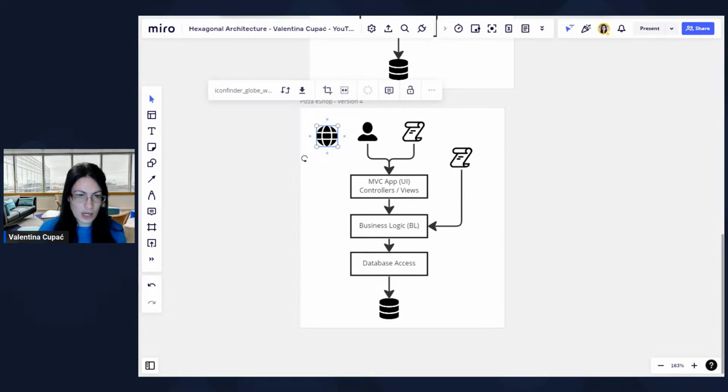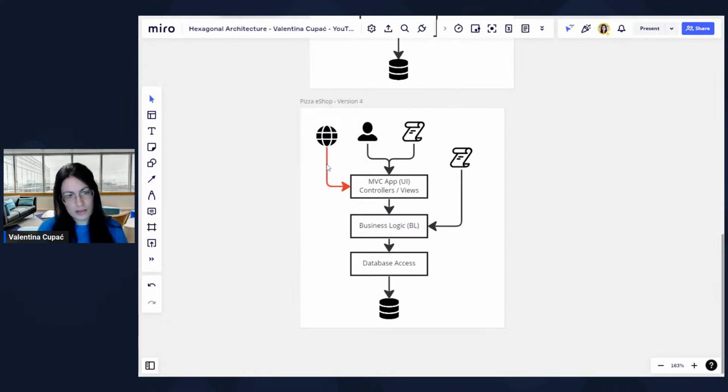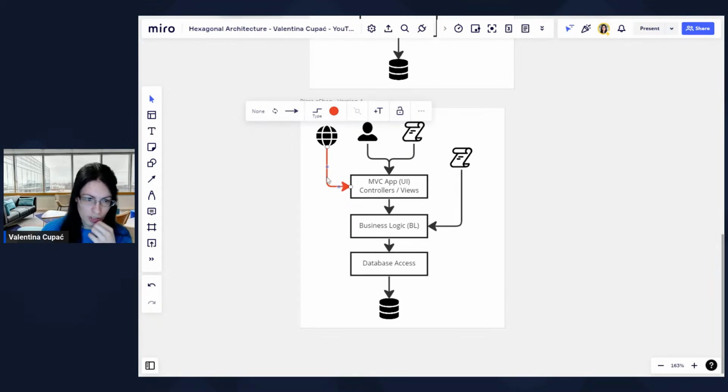The question is, how will they integrate with us? Can they call our UI? Well, they say they don't want to do that. They don't want their employees clicking on our UI. Instead, they want system-to-system communication. So this idea is not going to work.